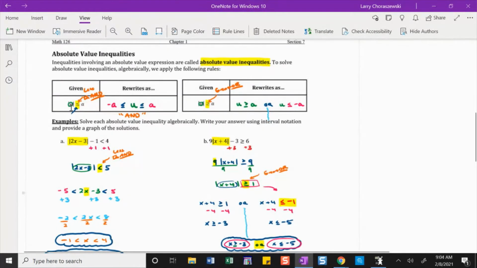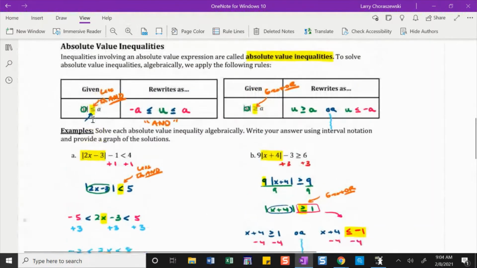And if it's on the left-hand side and the symbol involved in the inequality is a less than, which I like to rephrase as "less than," then you're allowed to remove the absolute value symbols provided you rewrite the expression as an "and" compound inequality. So we squash the inside expression between the negative version of the number on the right and the positive version.